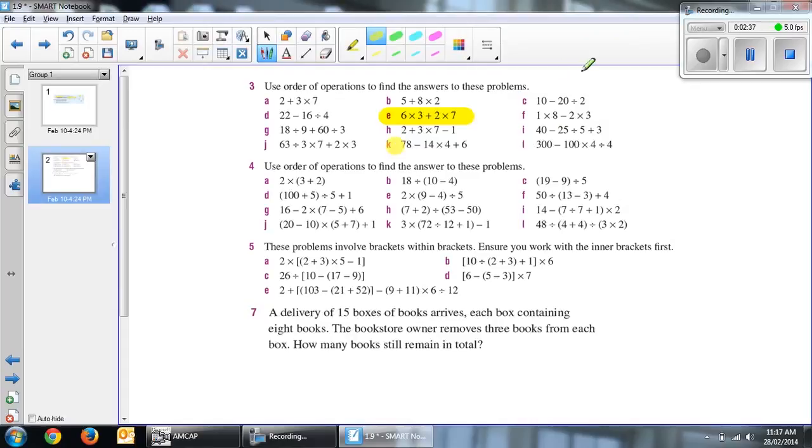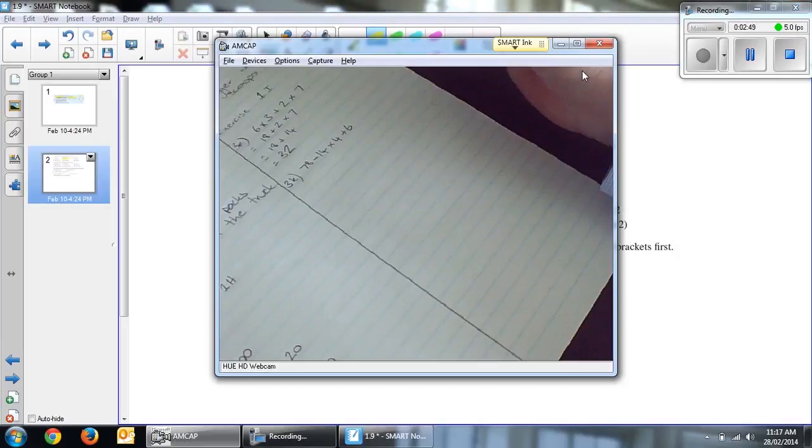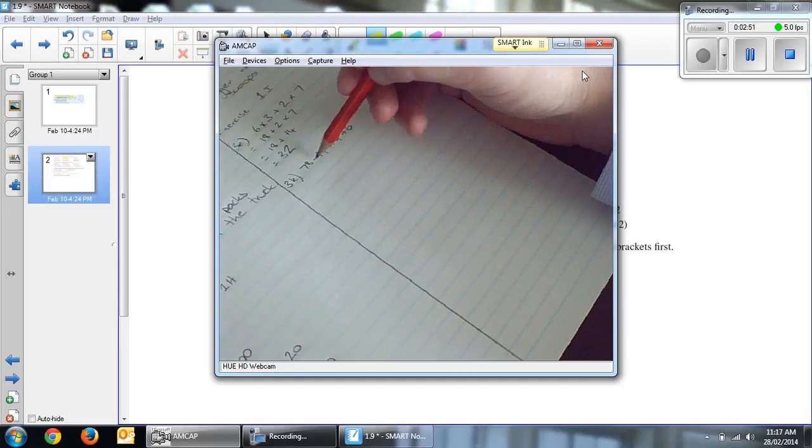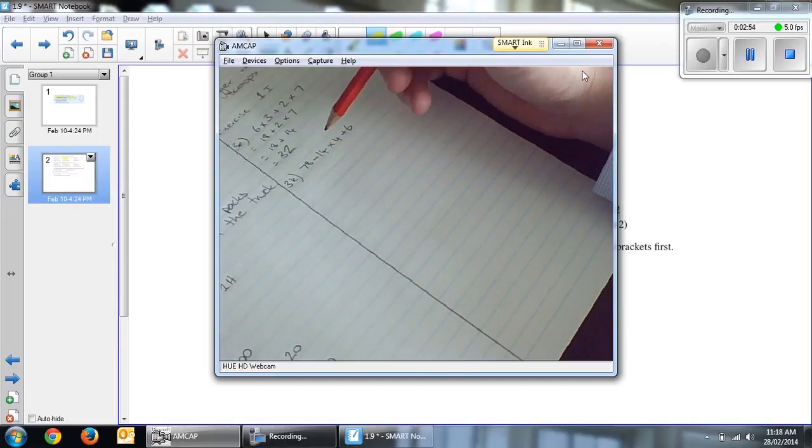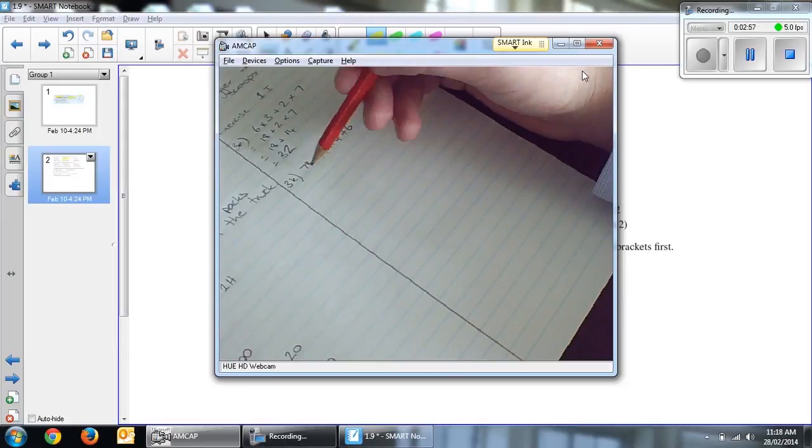So k is 78 minus 14 times 4 plus 6. So we've got a minus first. No, we don't do that. Order of operations says brackets, there's no brackets.